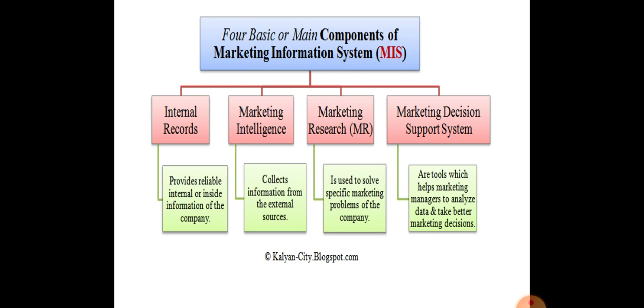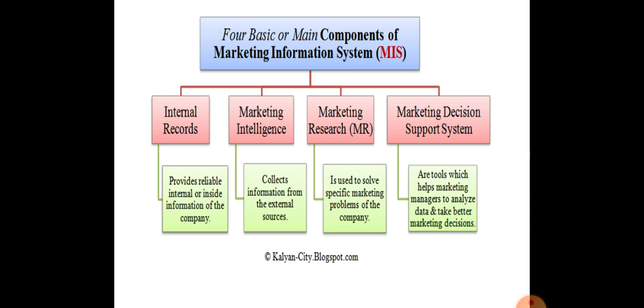Let us understand this diagram also. First is internal records. Here we are trying to provide reliable internal information of the company. Whatever information or databases we collect as internal records of the organization provide reliable internal information, and definitely it will be useful for the company.